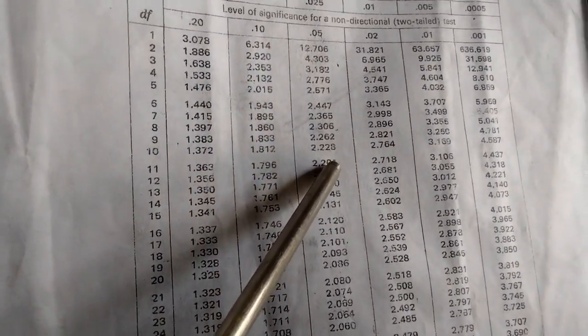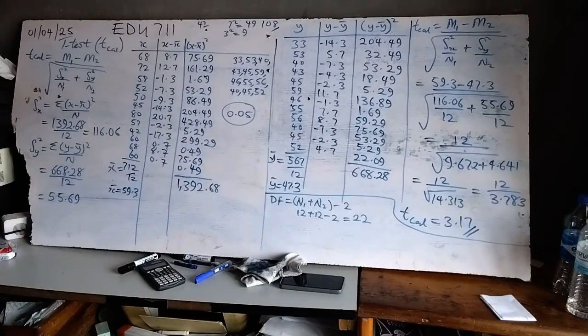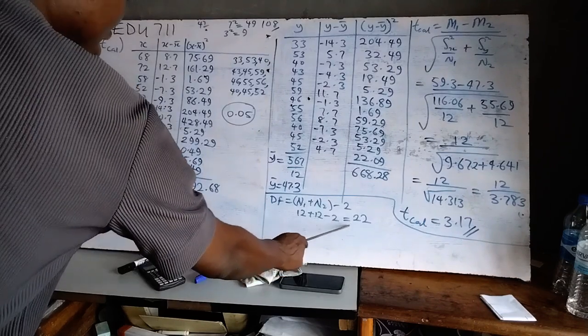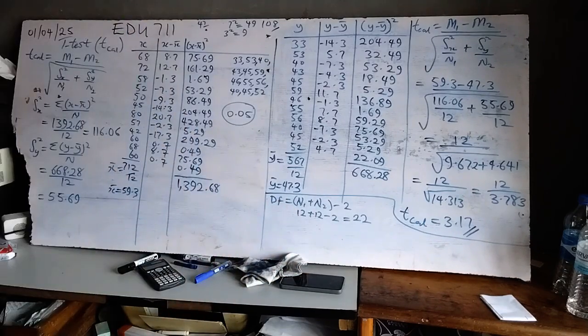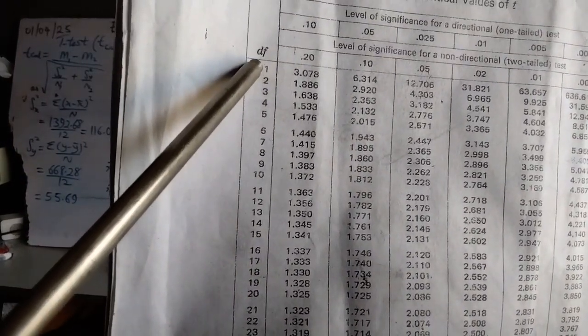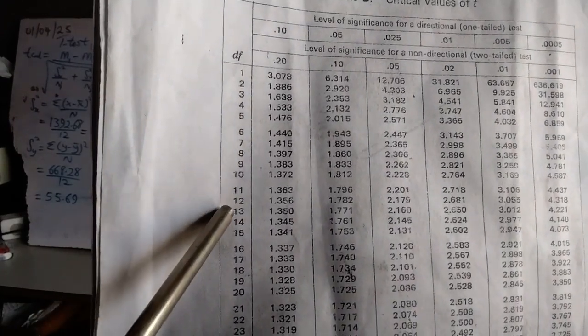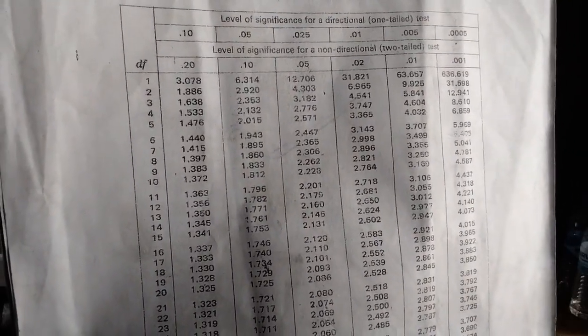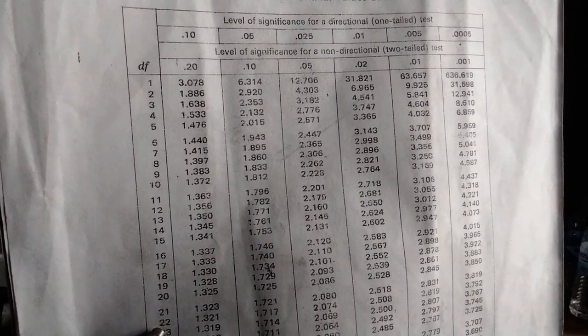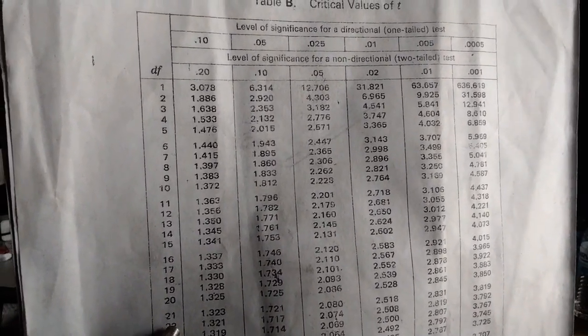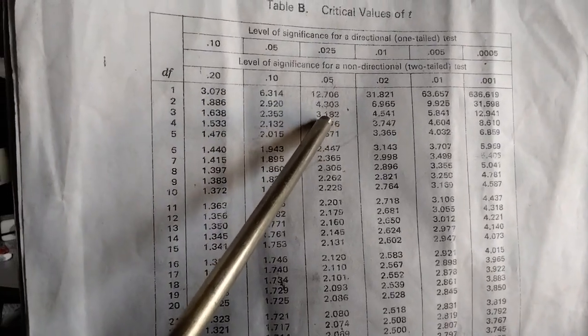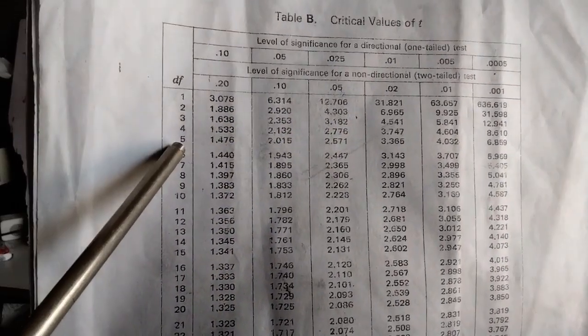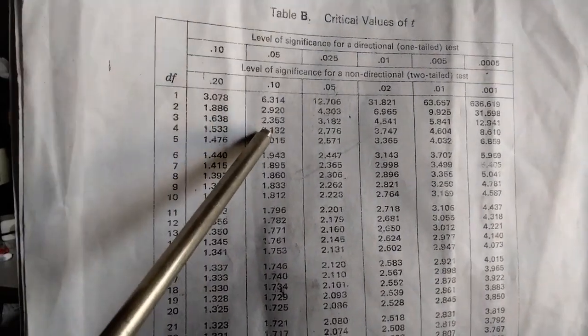So now if you check here under 0.05, our significance, our degree of freedom here, you will see that it's 22, and our level of significance is 0.05. So just come here, this is degree of freedom, you see DF, trace it up to 22, we have it here, this is 22. Then trace it to 0.05. 0.05 under two tail is the fourth column. Count one column, first column, second column, third column and fourth column.